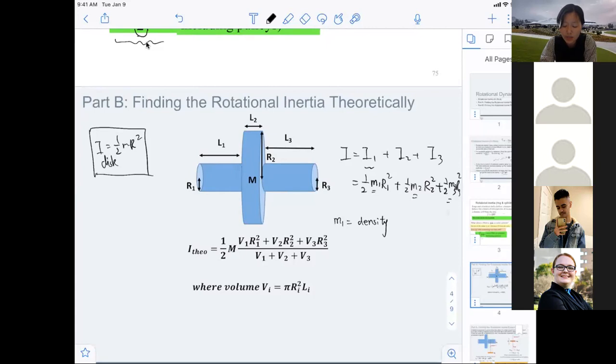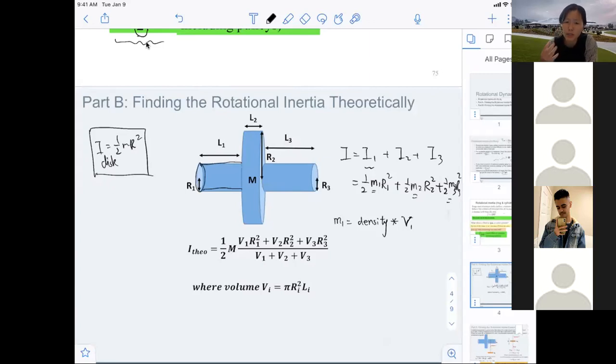So its mass is density times what quantity? So mass of wheel 1, cylinder 1, is density times volume 1, very good, volume 1. So this V is volume. Okay, so capital V. Don't think about velocity. This V means volume. The density times volume 1.